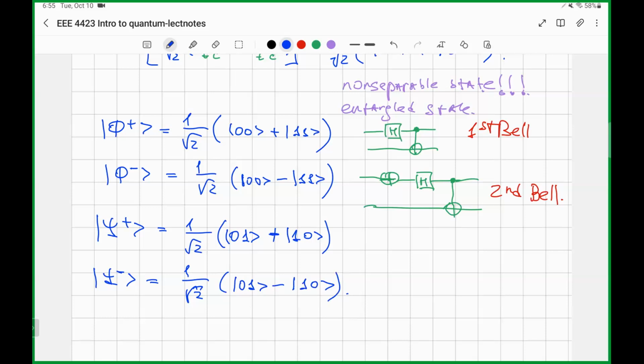Okay, so this is third Bell, and this is fourth Bell state. You also can come up with the circuit for this Bell state representation. Okay, let us go to the IBM Quantum and actually check our calculations.